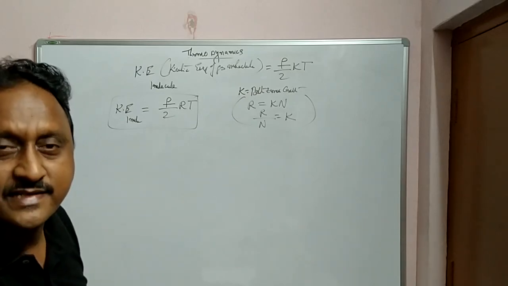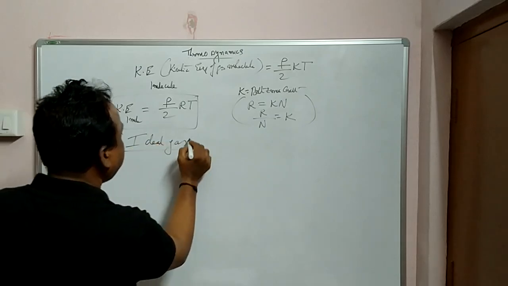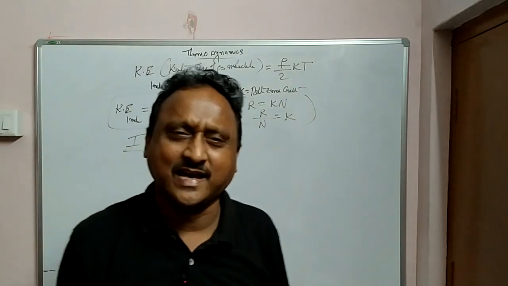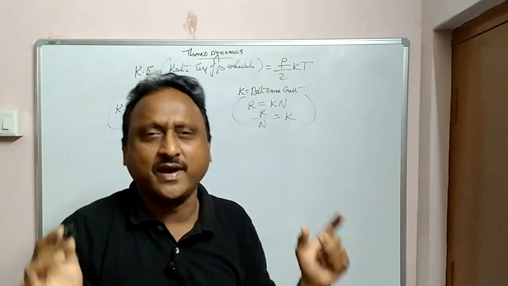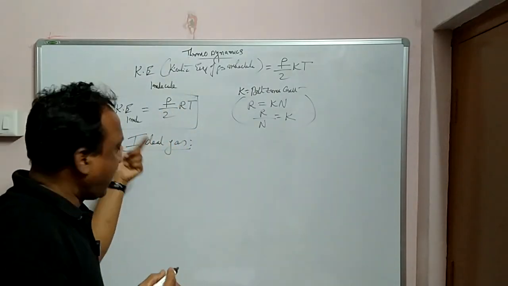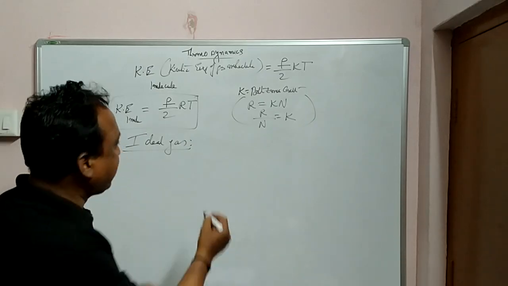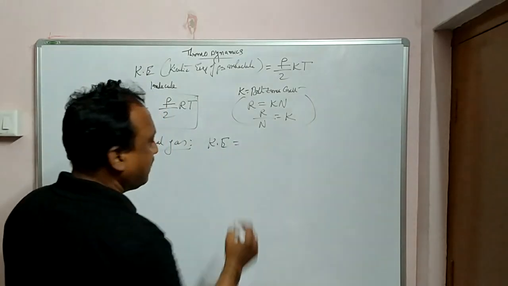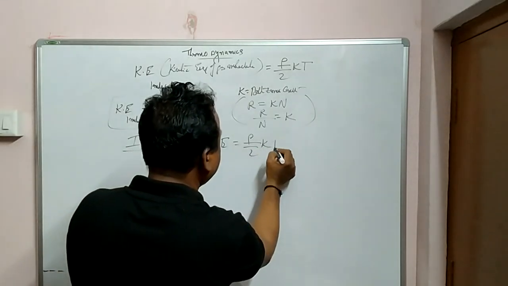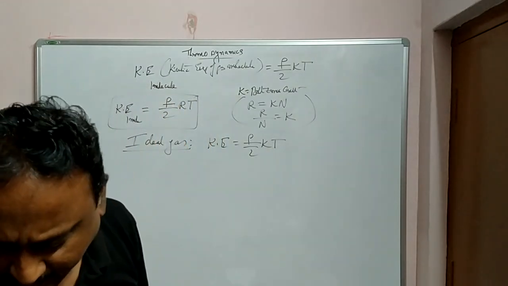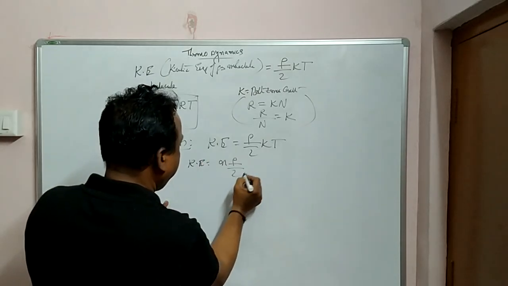For example, consider an ideal gas. You all know that ideal means it is nothing but an imaginary gas. It does not really exist; it is imaginary. For calculation purposes we will take it. So for an ideal gas, the internal energy U is equal to the kinetic energy, taken as F by 2 kT. If n moles are there, then K is equal to n into F by 2 kT.